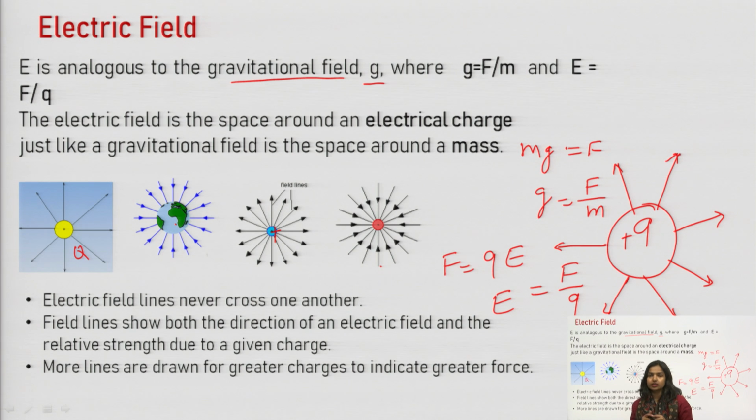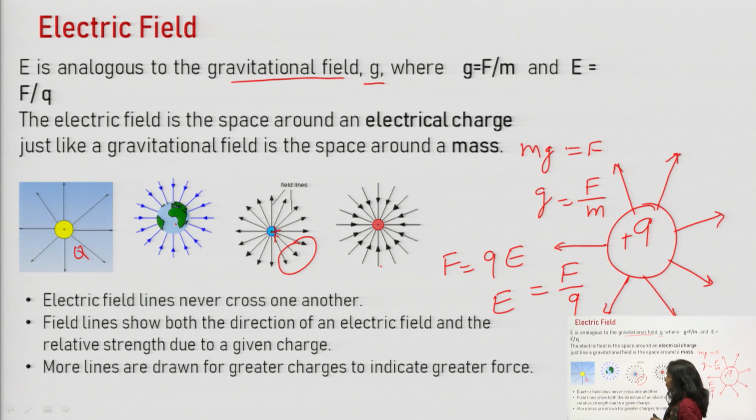Electric field intensity is the measure of how intense these field lines are somewhere. It is the measure of the amount of this line of force, electric force.